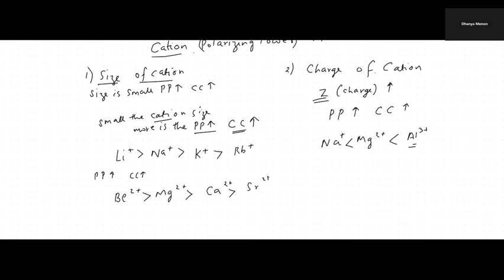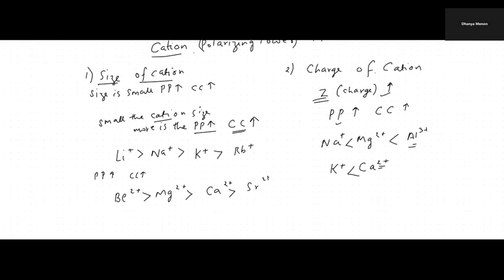Okay. Similarly, if I have potassium ion and calcium ion. Here they are in the same period, so size doesn't differ much. So we have to look at the charge. Who has a greater charge? Calcium. So if the charge is more, polarizing power is more, and covalent character is more.